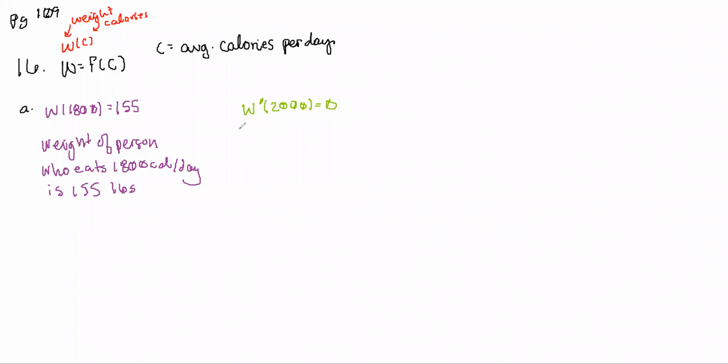Now, what about this in the green? W prime of 2000 is equal to 0. What does W prime mean? It's the instantaneous rate at 2,000 calories. Instantaneous rate of what?